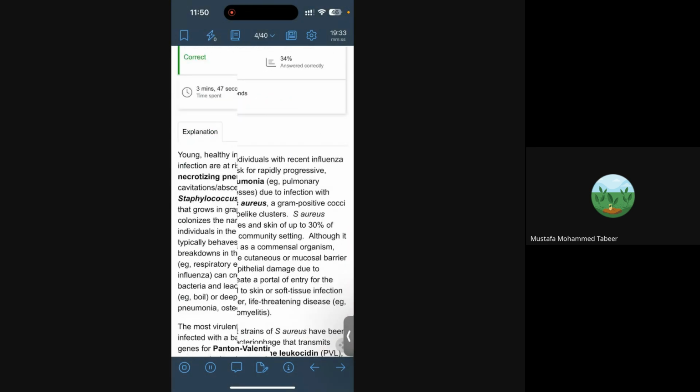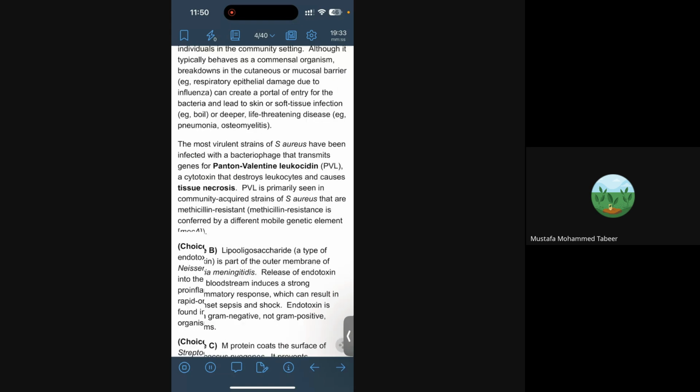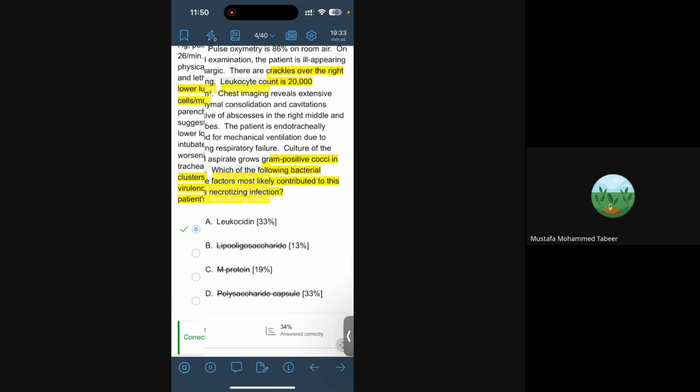Leukocidin, necrotizing pneumonia. You are going to see cavities and abscesses developed in Staph aureus. It is very specific for Staph aureus. You are not going to see cavitary necrotizing pneumonia in any other infection. It cannot happen in strep pneumo, in Klebsiella, in Legionella. Okay, tissue necrosis. Let's move on to the next one.